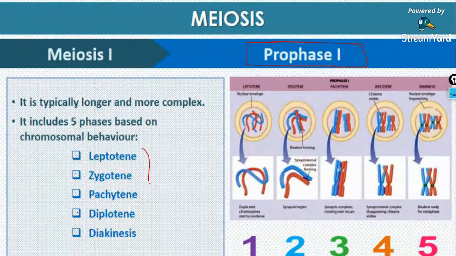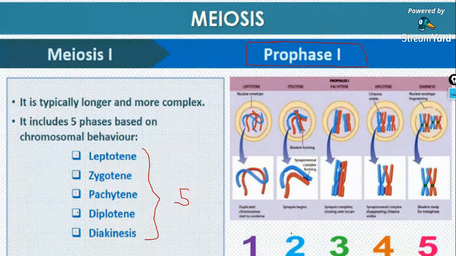So these are the five subphases of prophase 1. Clear with that? We are going to learn all these stages in detail. Each of the figures should be in your mind because it will be asked in the examination.